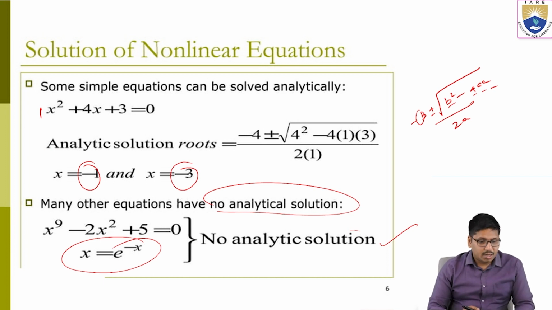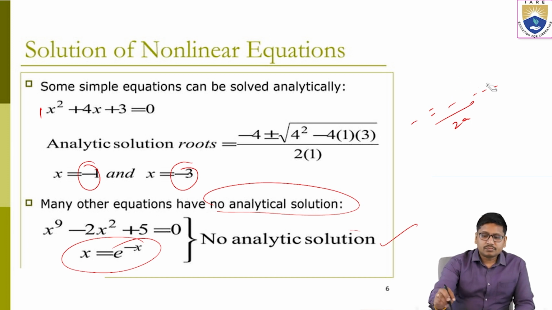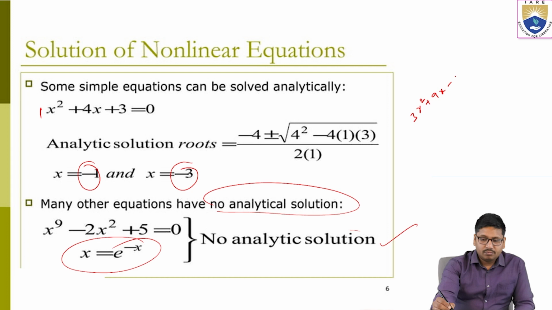Then I'm going to see some simple equations that can be solved analytically. Suppose I have an equation like this: 3x square plus 9x minus 2 equal to 0. How are we going to solve it? The roots of this equation are minus b plus or minus square root of b square minus 4ac, by 2a.